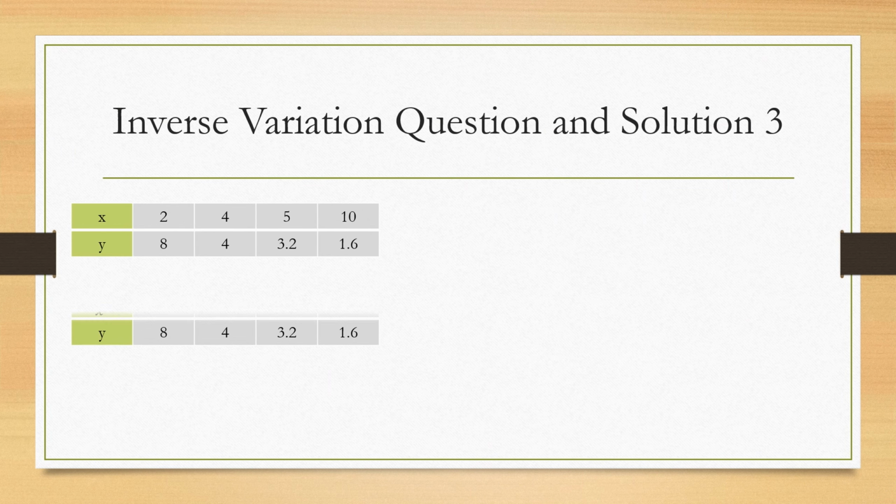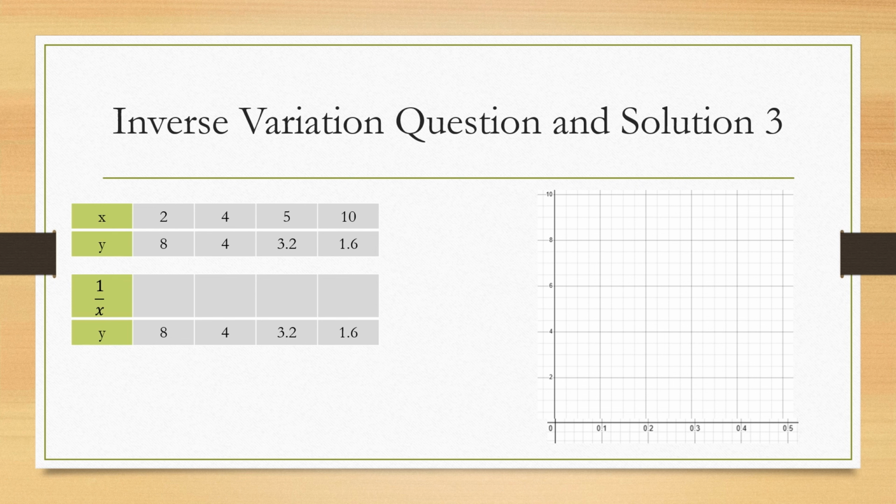So this is the next question. When we count, as you can see, this is the original question, and then we need to change it to 1/x. So 1/2, 1/4, 1/5, and 1/10. Okay.